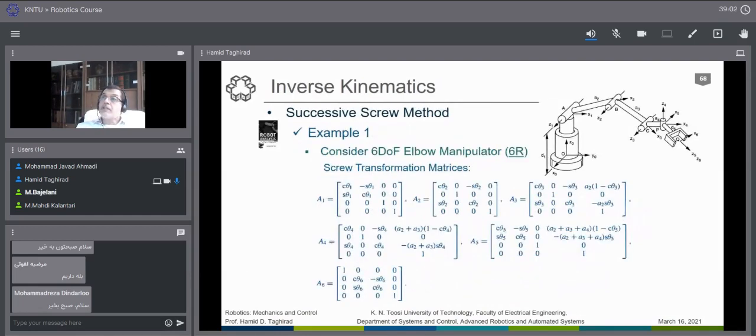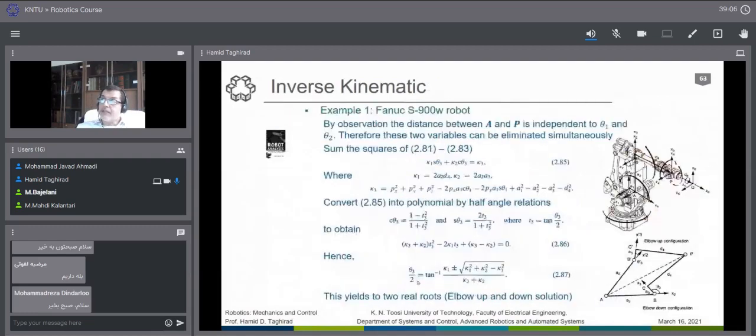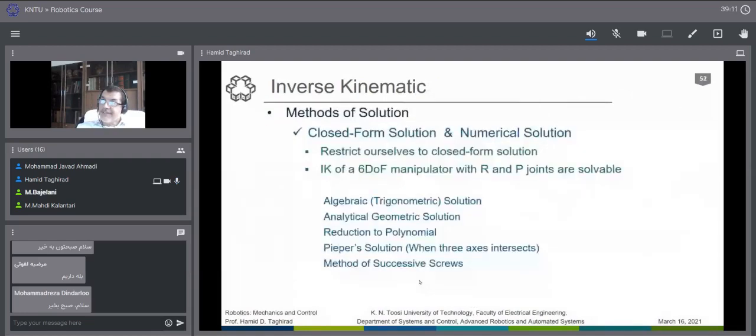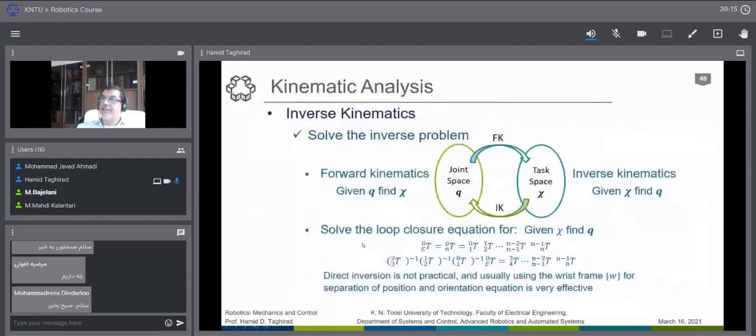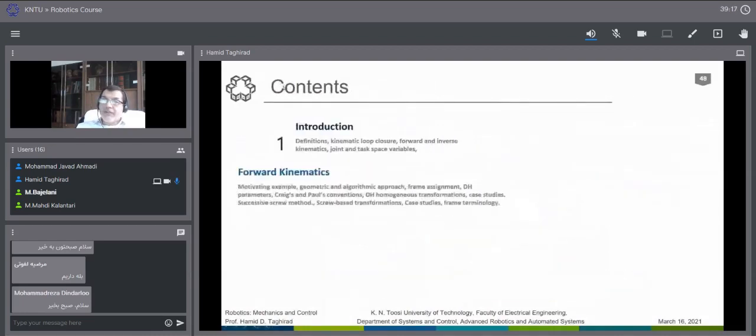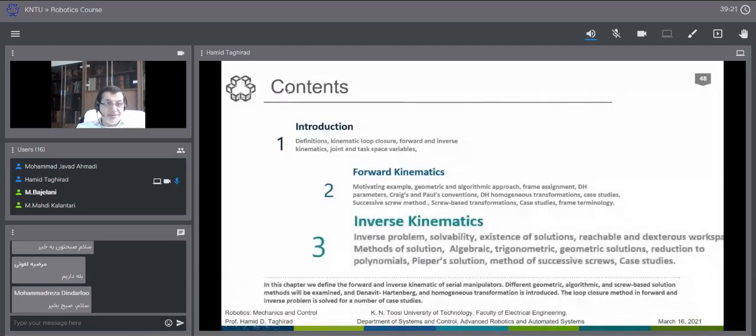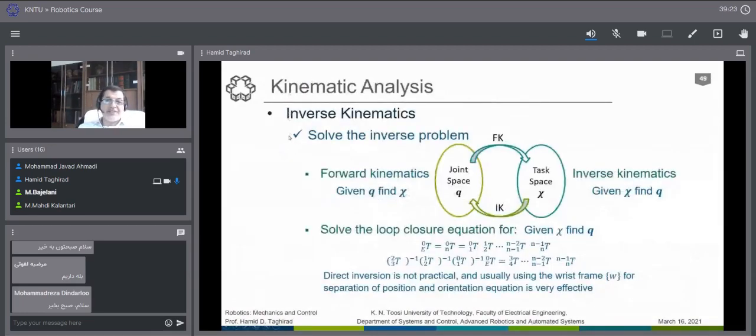You know, inverse kinematic, what is the problem of inverse kinematic? Let me go back to the first slide in inverse kinematic.